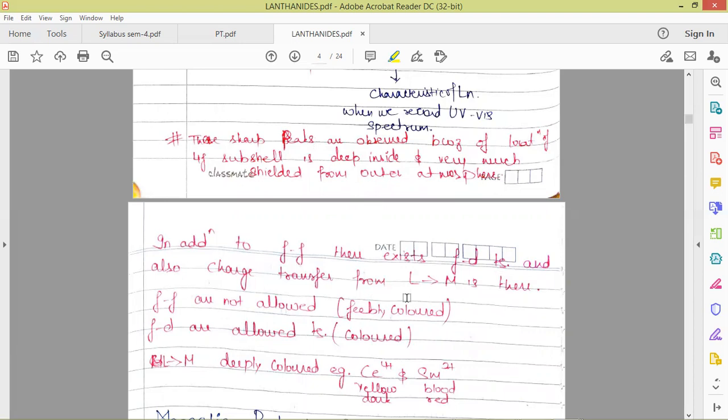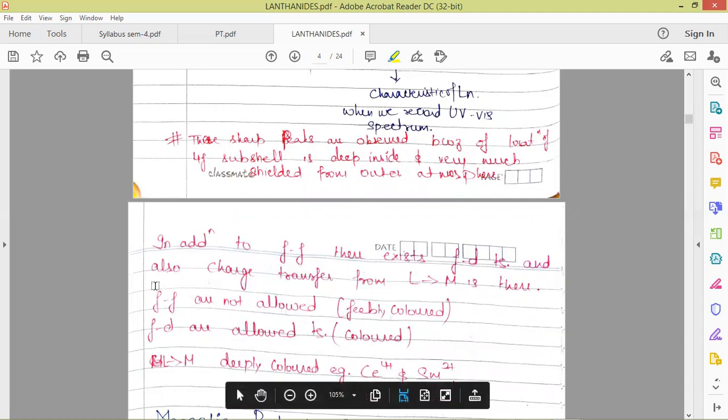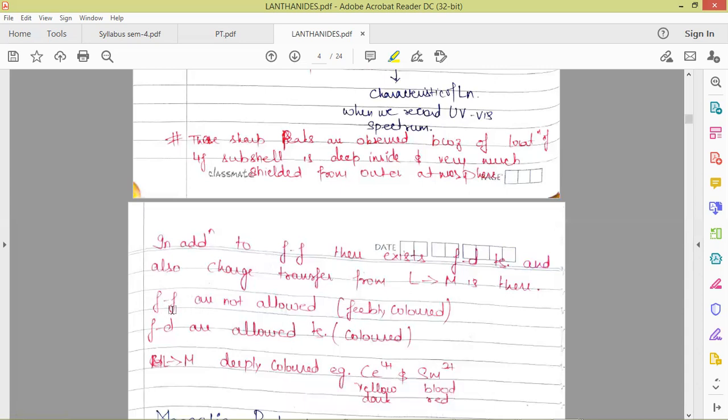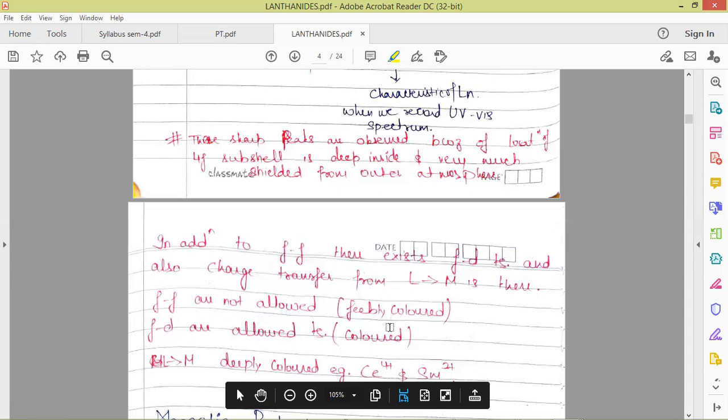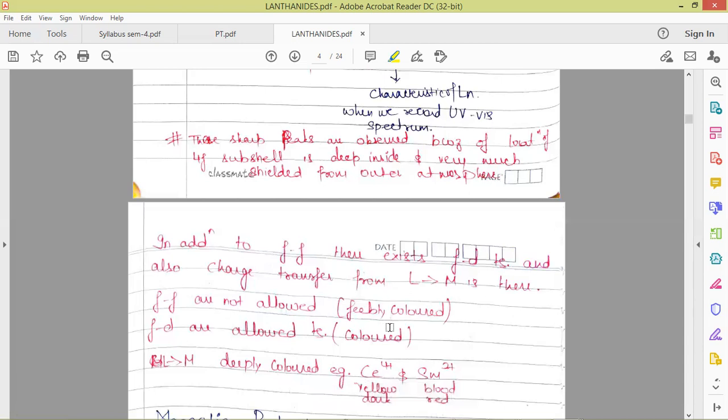As we know, f-f transitions are not allowed transitions, because there is no change in the l value, that is the subshell. So these transitions are not allowed, and whenever there is a color due to these transitions, that color must be feeble, very light.